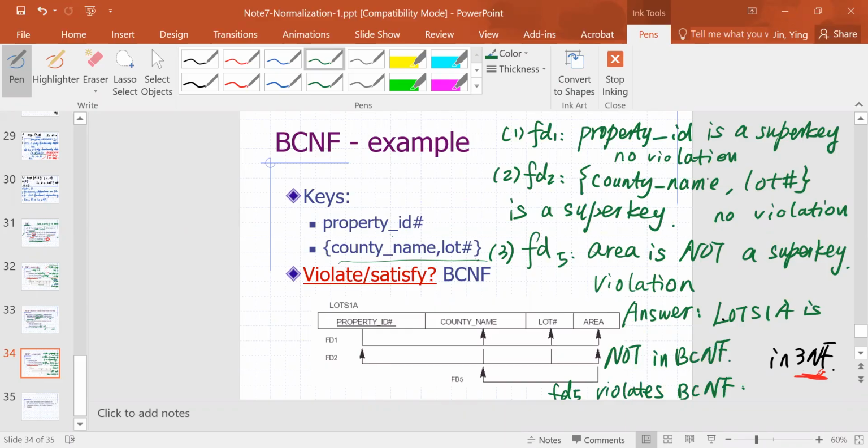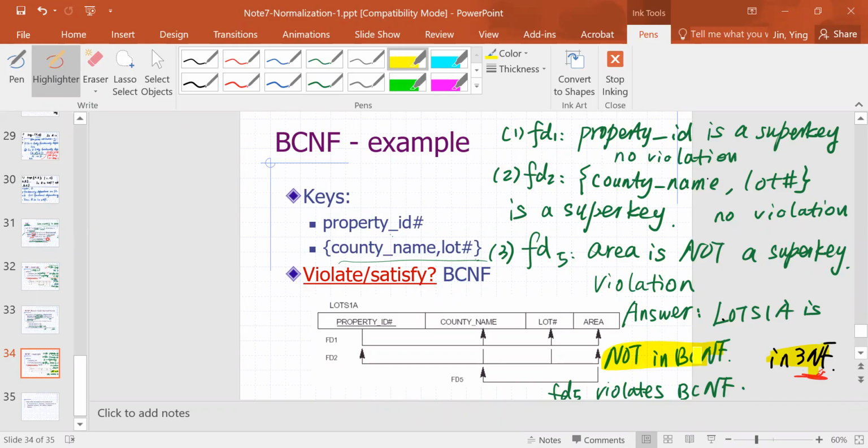Once you know how to do third normal form, checking BCNF is really straightforward, right? But this example actually shows you this is not in BCNF, but it's in third normal form. So at least this one shows you BCNF is most strict. And of course, we know it's most strict because third normal form allows two conditions, 1 or 2, and BCNF only allows one condition, 1, right?